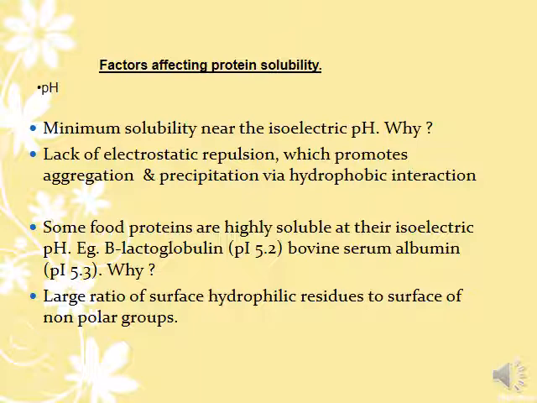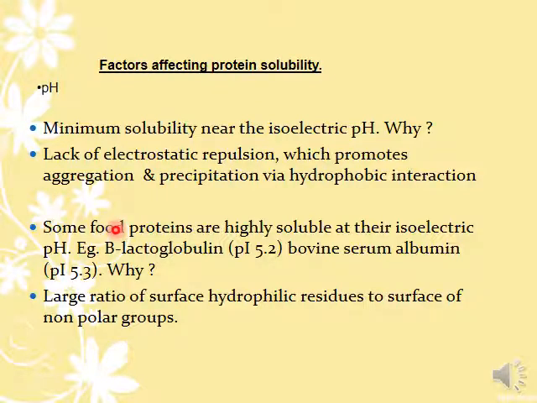Go back to the rule of thumb, the hydrophobic interaction and also ionic. If minimum solubility, it means the major interaction that contributes to this is hydrophobic interaction. So there is a lack of electrostatic repulsion, and it will promote aggregation and precipitation.